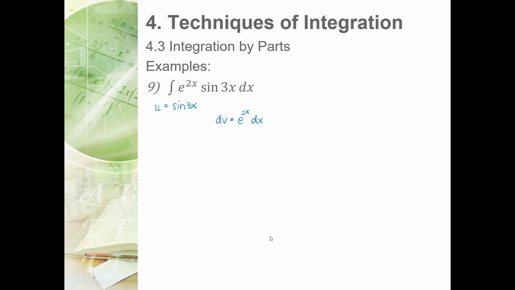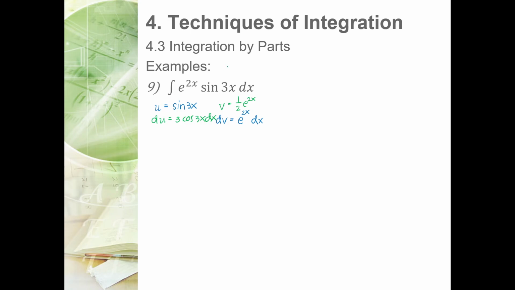Okay, so getting the derivative and the integral of dv. So v is 1/2 e raised to 2x. And then your du function is 3 cosine 3x dx. So where did the 3 come from?